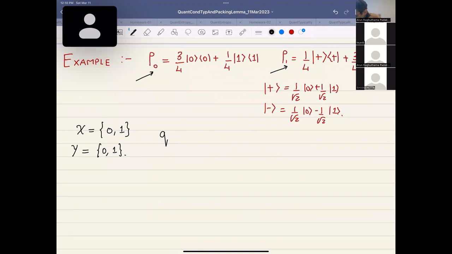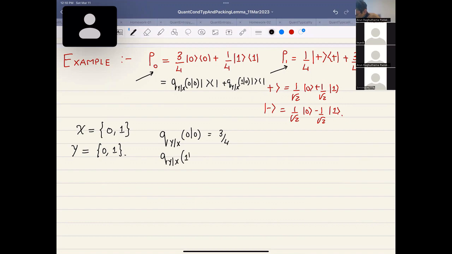So what is my q? Qy given x of 0 given 0 is 3 by 4. Really what I'm doing is expanding this. So this is qy given x of 0 given 0 of something plus qy given x of 1 given 0 of something, right? That's all I'm doing.